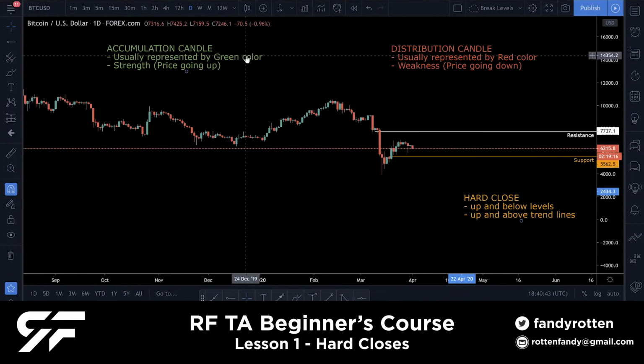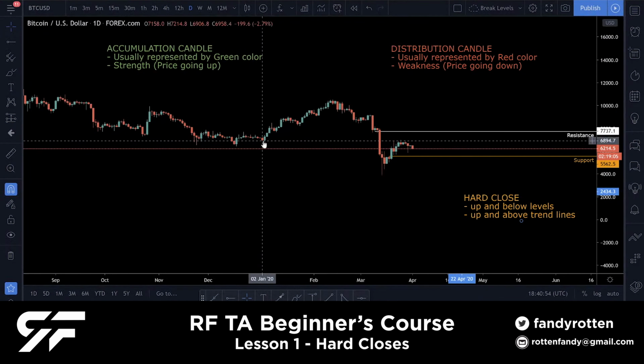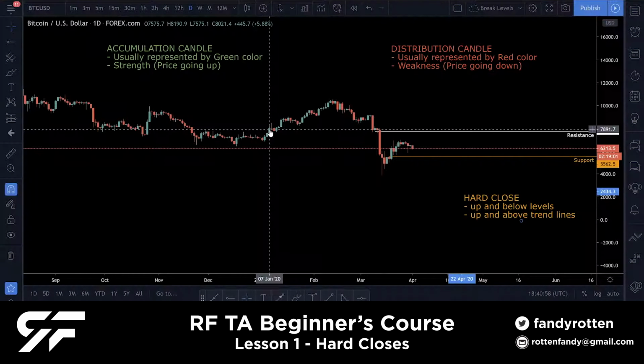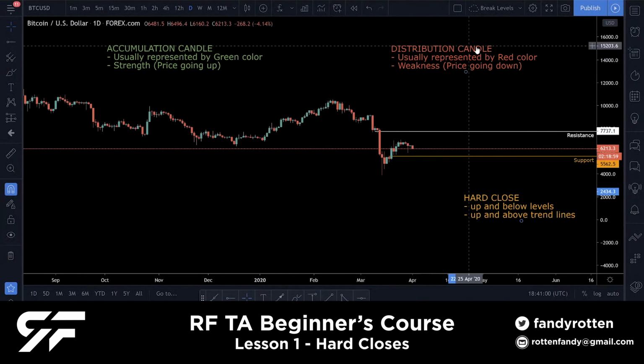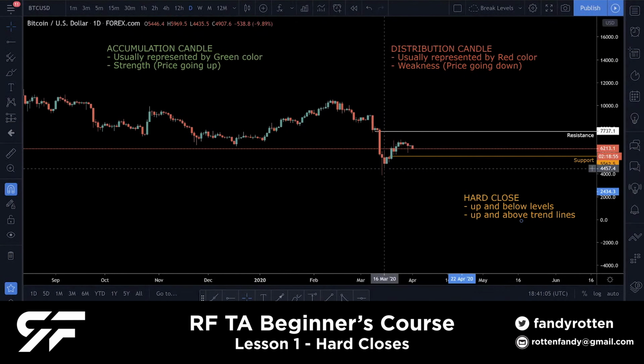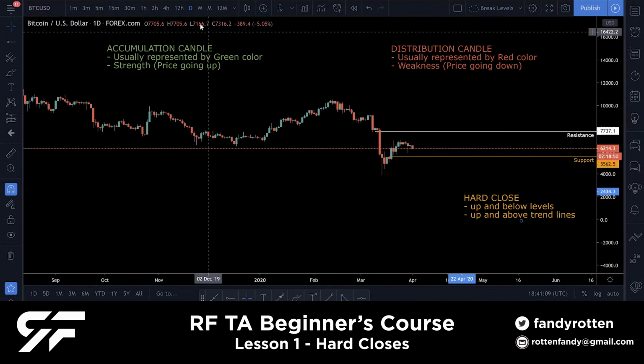As I've written down for you, the accumulation candle is usually represented by green. It shows strength, meaning the price is going up. As you can see, wherever there's a green candle, the price is going up. The distribution candle, wherever you see red candles, the price is going down. Each candle represents the time frame that we're on.